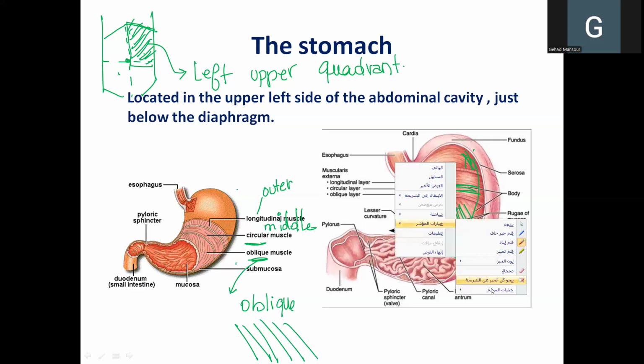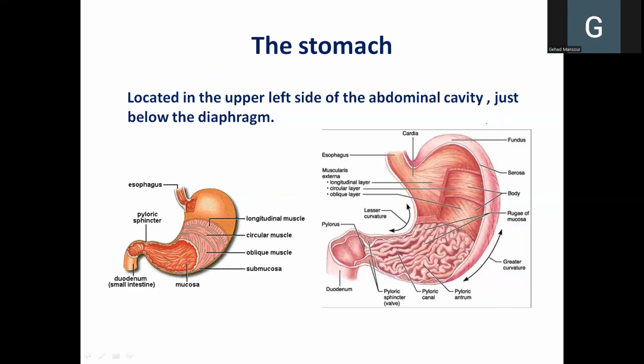But through this diagram, we can also see the parts of the stomach. The first part of the stomach, which is just under the esophagus, is called the cardia. The second, the convex top of the stomach, is called the fundus. And then the greatest majority of the stomach is called the body.